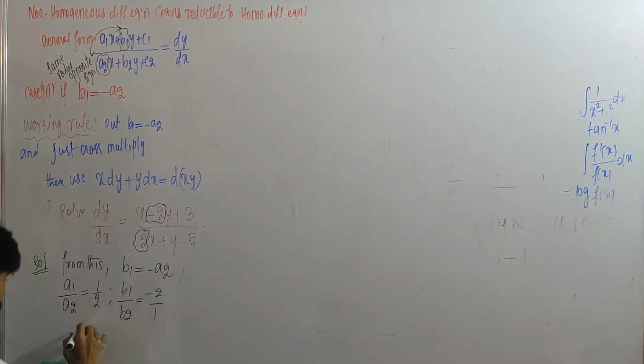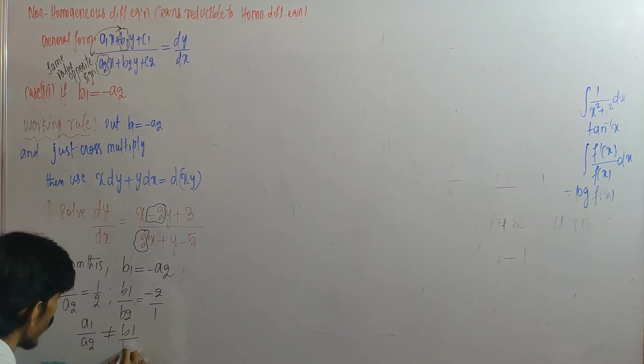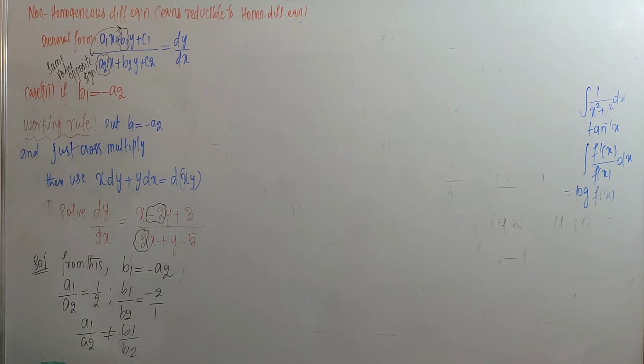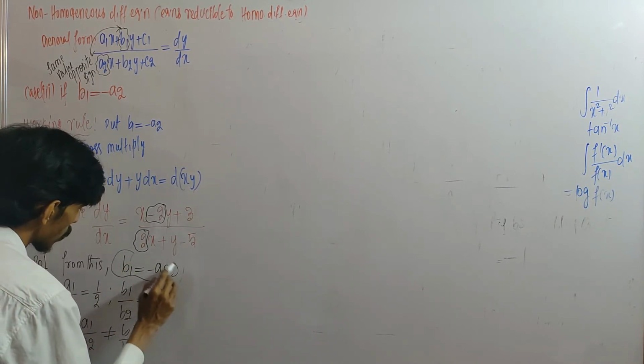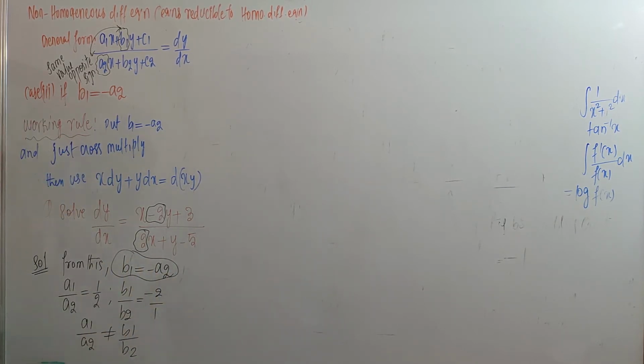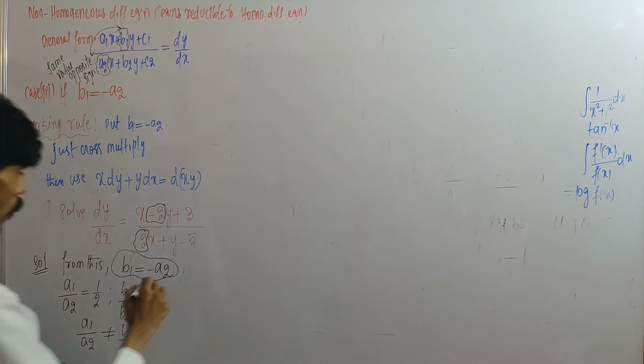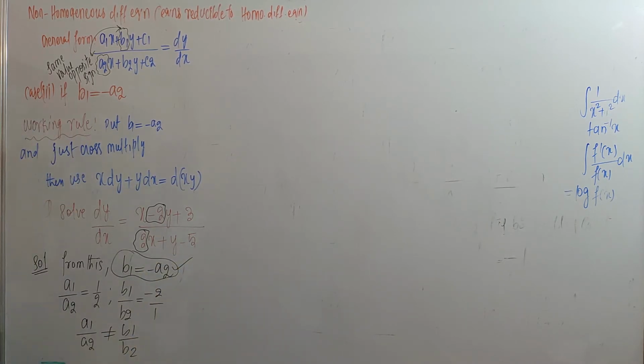These two values are not equal, a1 by a2 not equal to b1 by b2, so case 2 is not applicable here, because if I apply case 2 it will be a lengthy process. If b1 equals minus a2, this can be simply solved by using the cross multiplication concept. So we'll solve this question by this.